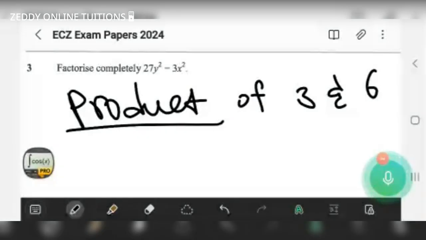The product here is symbolizing what? Times. Okay, you better use the term multiplication.